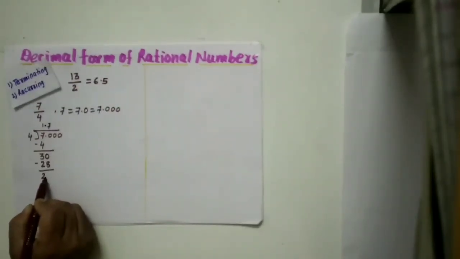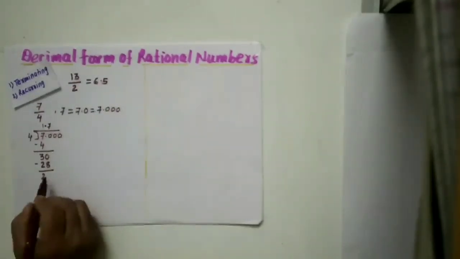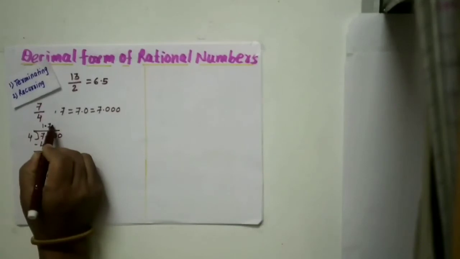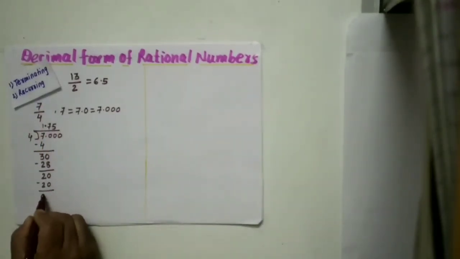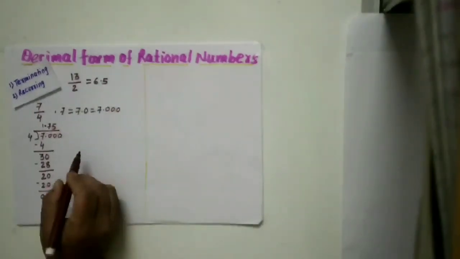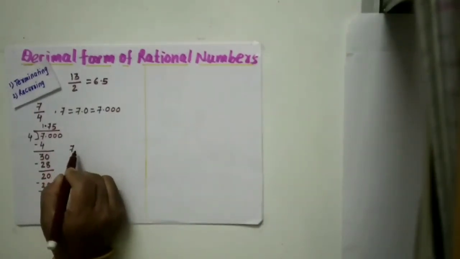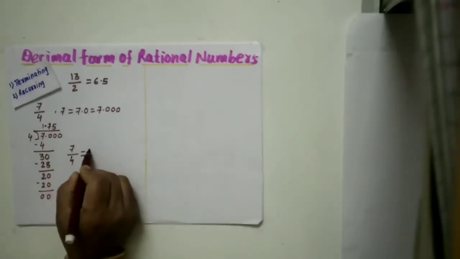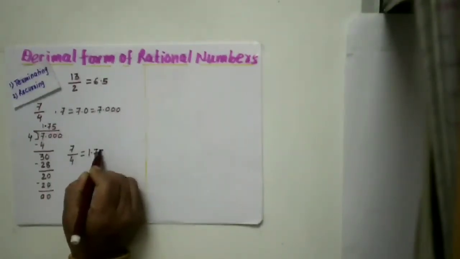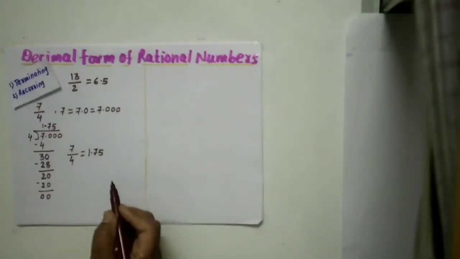Now 2 are remaining. Again take 10. 4 fives are 20, remainder 0. Now here we can say that the decimal form of 7 upon 4 is equal to 1.75.